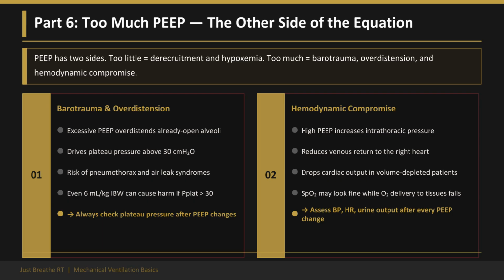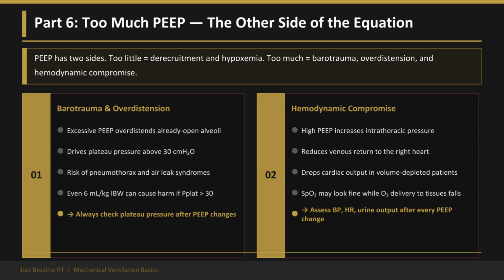First, barotrauma. Excessive PEEP overdistends already open alveoli, increasing the risk of pneumothorax and air leak syndromes. Remember plateau pressure? Excessive PEEP drives it up. Keep plat at or below 30 centimeters of water. That is your guardrail.